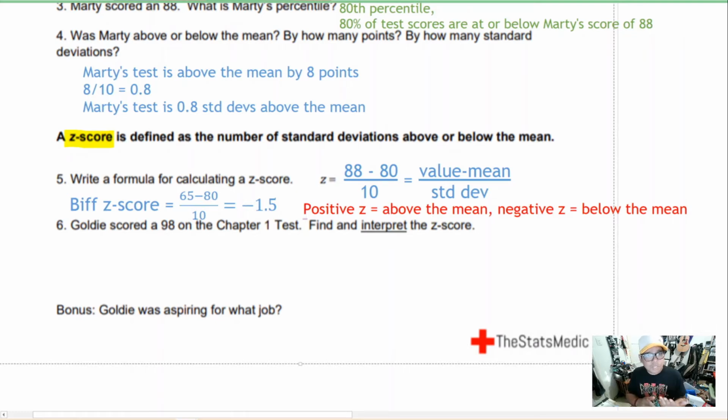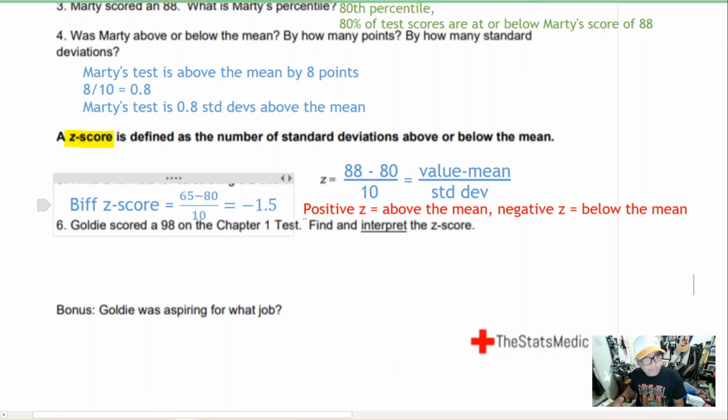If we have a positive z-score, that means we're looking at something that's above the mean. And if we have a negative z-score, that means we're looking at something below the mean. So it's a really easy way to tell that Biff did less than average, and Marty did greater than average. So look at that as, rather than some weird mathematical curiosity, a feature. It's a good thing to know whether you're looking at something that's above or below the mean.